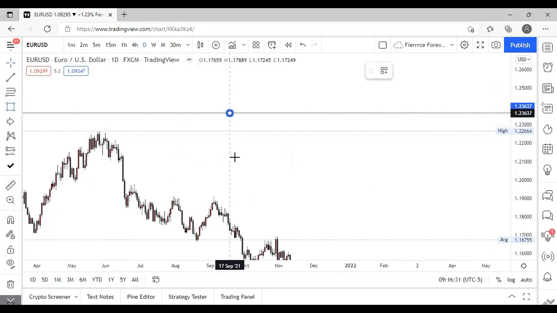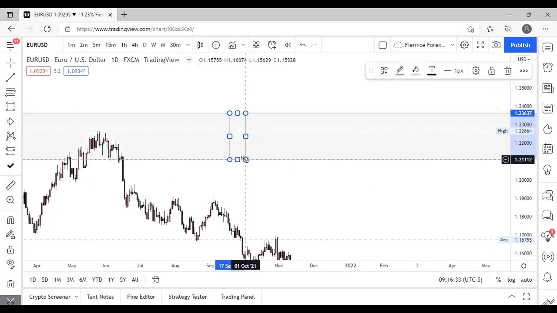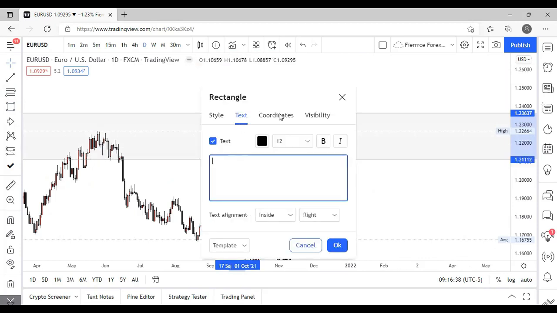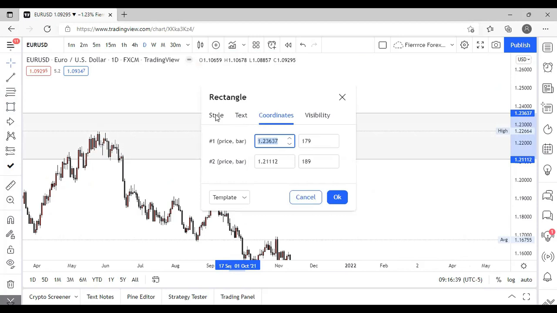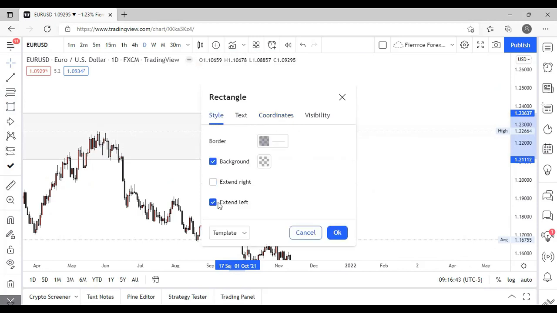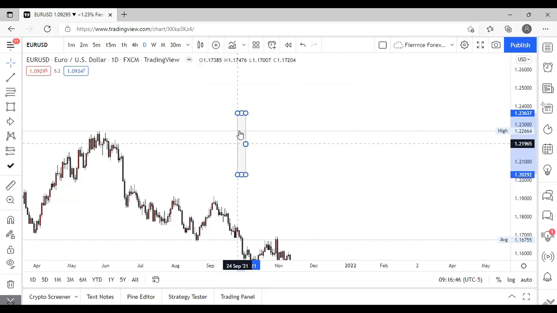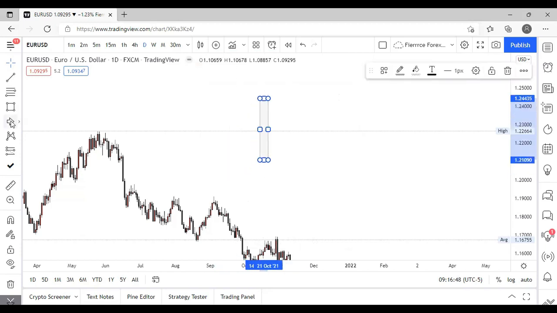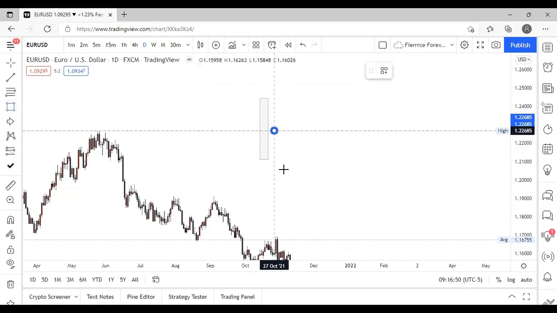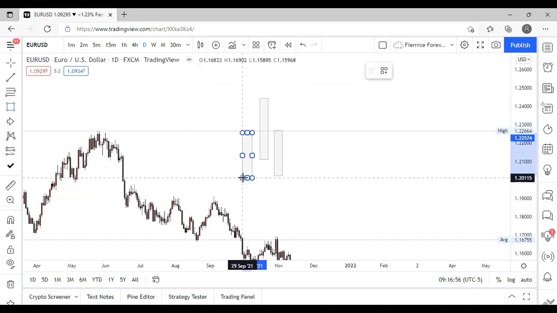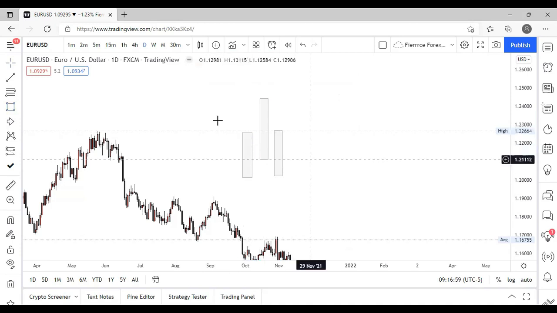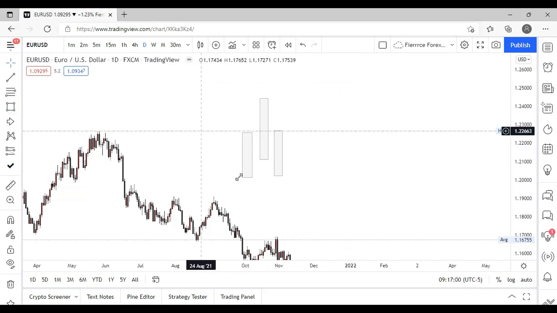I'm probably going to use... okay. So I'm just going to try and draw my candlesticks, just to make a point. Don't worry, guys. This here is a setup.